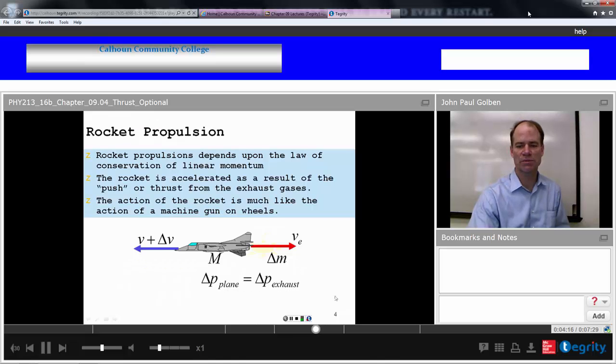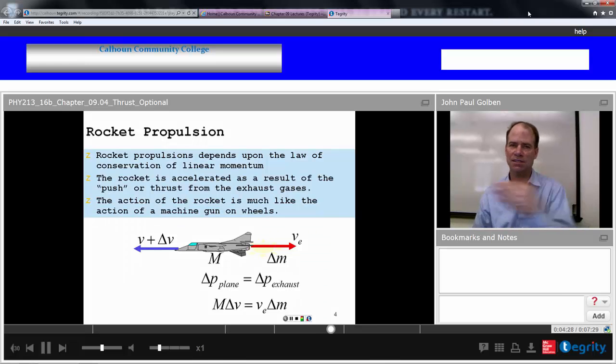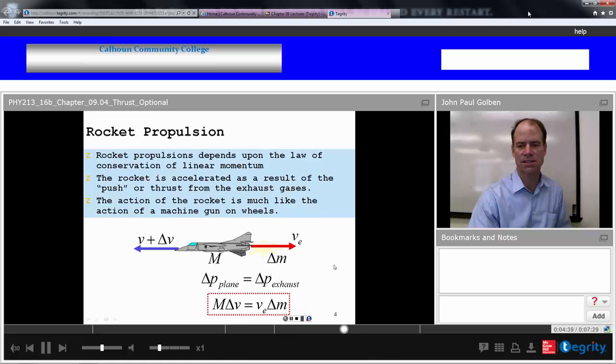So the momentum of the plane will be equal to the momentum of the exhaust. The mass times the change in velocity of the plane, in this case, will equal the change in momentum of the exhaust. If we're throwing out stuff at a constant exhaust speed of v sub e, then that times the change in mass that we're throwing out will be the momentum of the exhaust.